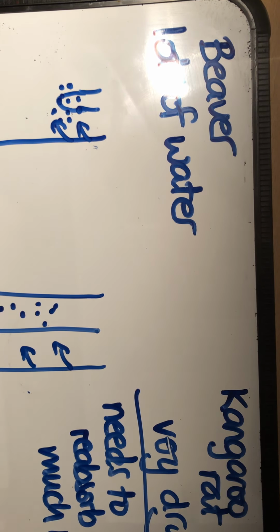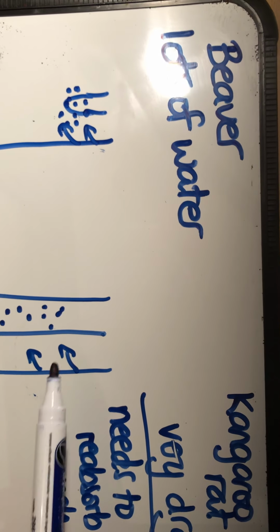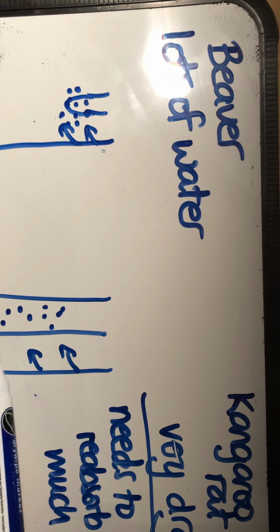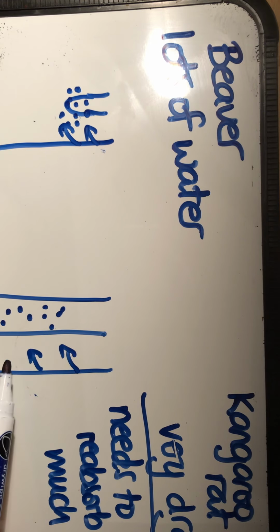Or I suppose you could have talked about it this way, saying the kangaroo rat will have a much longer loop of Henle so that even more salt will be moved into the medulla tissue. That means that even more water gets reabsorbed from the collecting duct by osmosis, and therefore there's a smaller volume of urine, but it's much more concentrated.